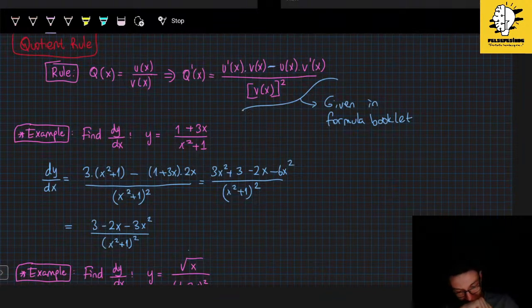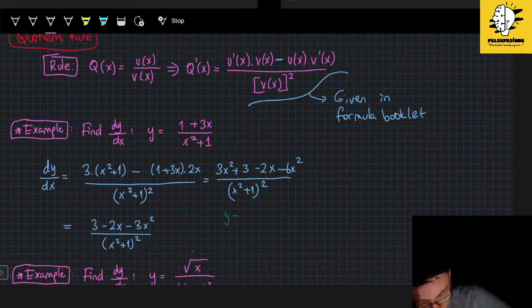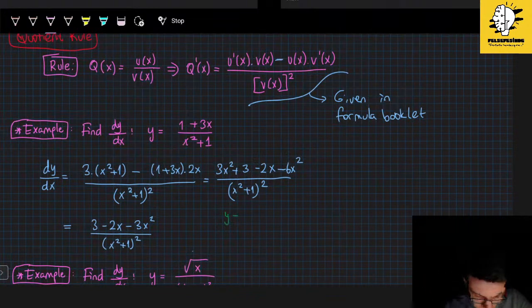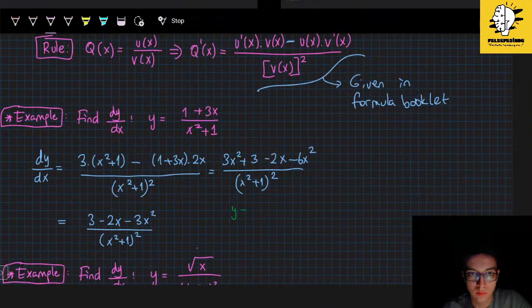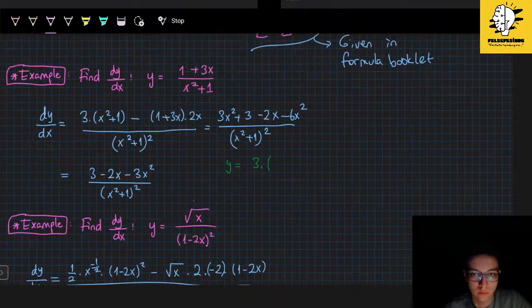What the formula tells us is that we have to take the derivative of the first one. When we take its derivative, it is 3. You will be more familiar with how to do derivatives in your head as you solve more questions, if you are new to the concept of differentiation.